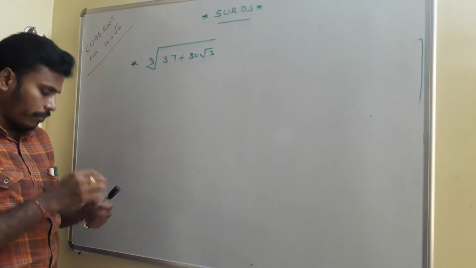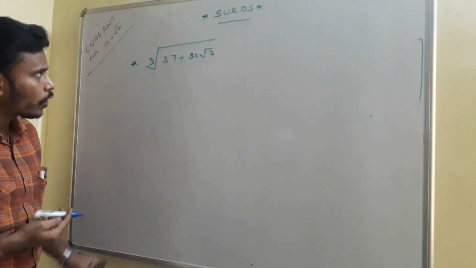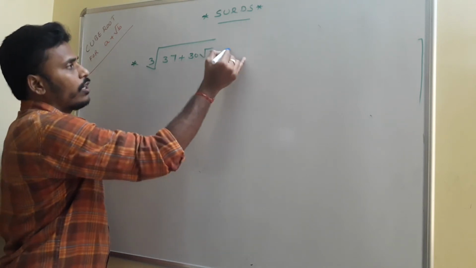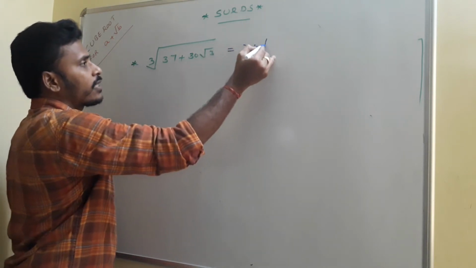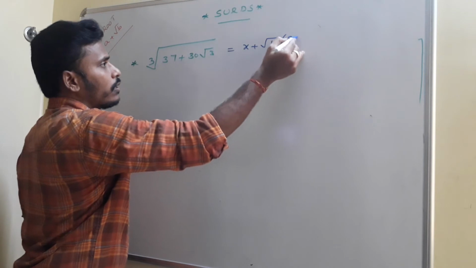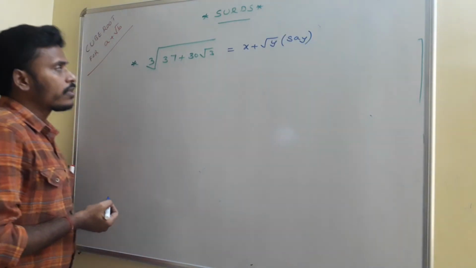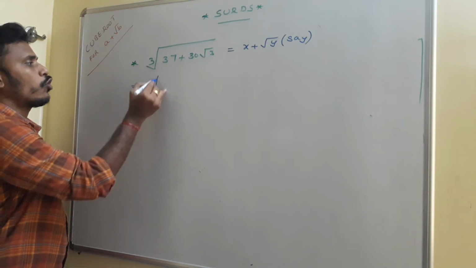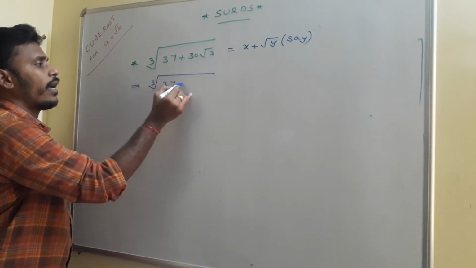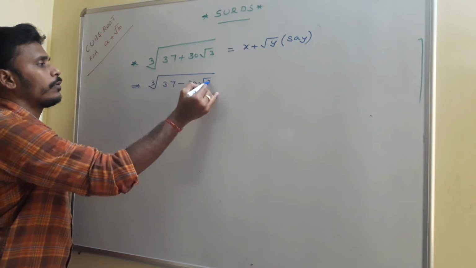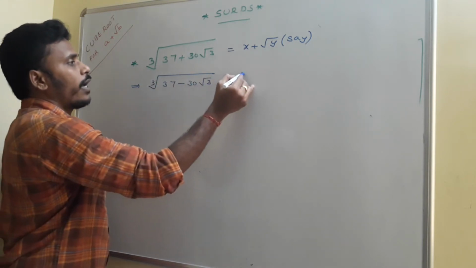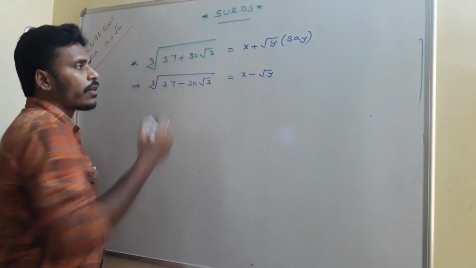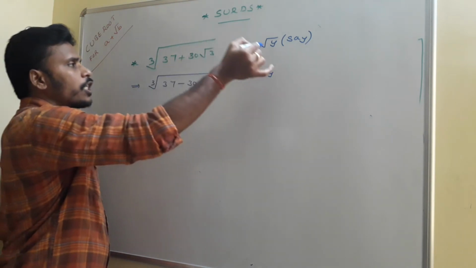As we discussed in the previous problem, to find the cube root of 37 plus 30 root 3, you just first let it be x plus root y. This is my first assumption. Since this is x plus root y, then you will have that the cube root of 37 minus 30 root 3 is equal to x minus root y. Right? This is your assumption.